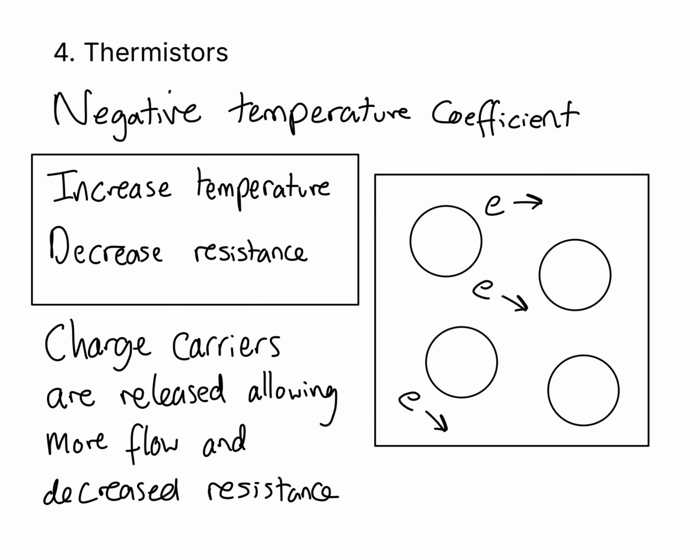This unblocks more paths for the current, and is exactly what we said about semiconductors last lesson. So a thermistor behaves the opposite way to a plain metal wire, and that opposite behaviour is what makes it so useful as a temperature sensor, as we'll see when we build potential dividers. Do note that there are also positive coefficient versions, but these just behave like normal resistors.